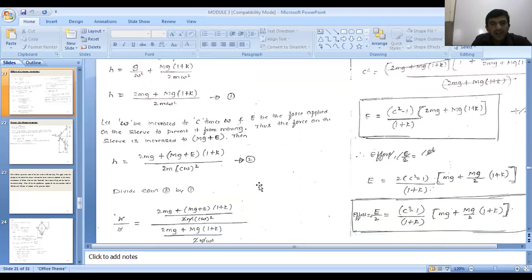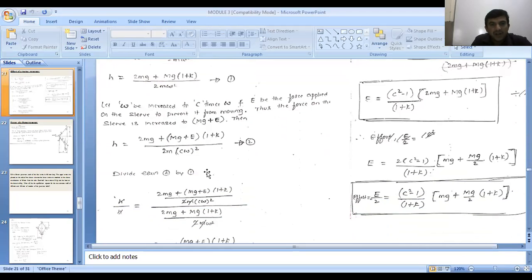Now we'll divide equation 2 by 1. Our aim is to determine how much effort is required to move the sleeve. E is the unknown.